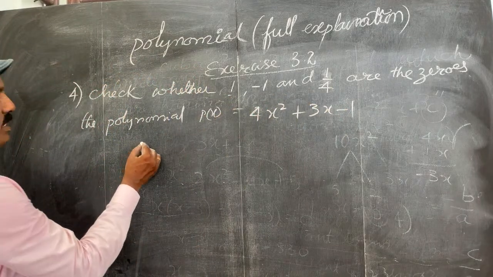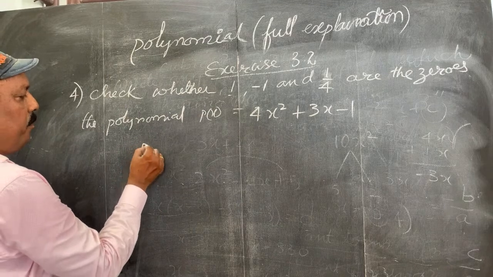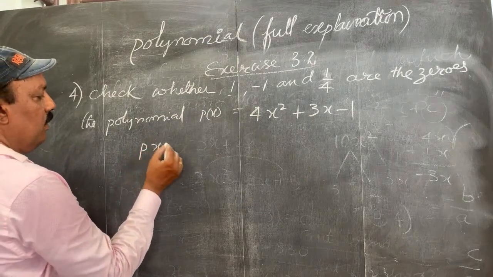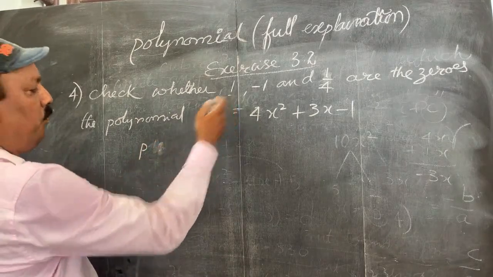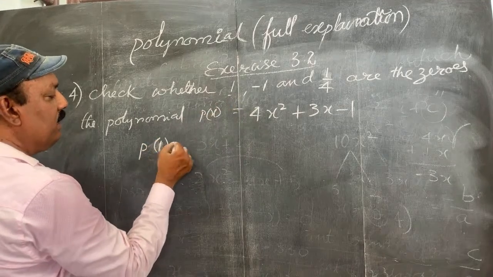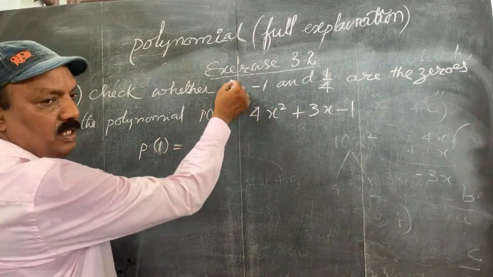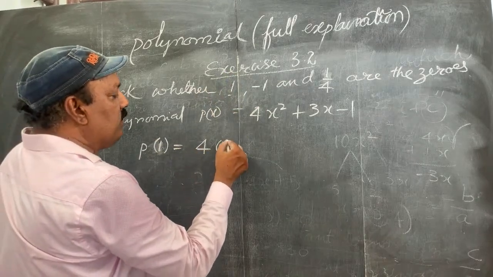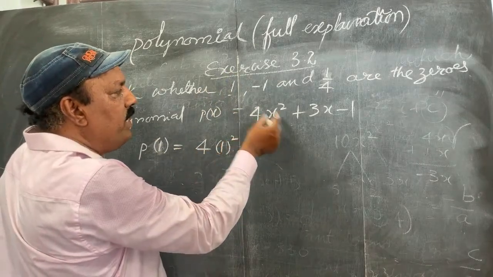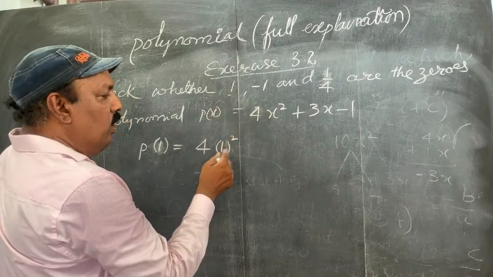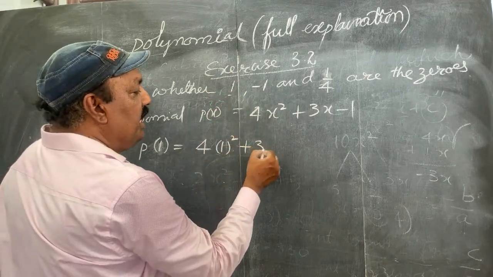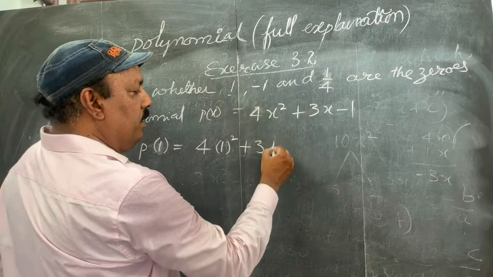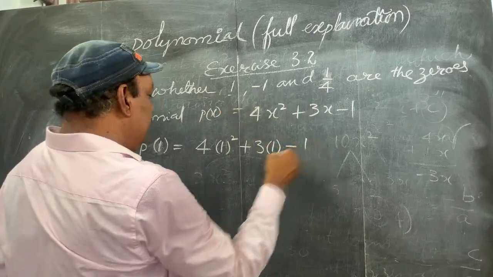How to check? First step is p of x, and first I am taking 1. P of 1 equals: wherever x is there, this value 1 you have to keep here. Now 4 into 1 whole square, that means in the place of x I am keeping 1, whole square, plus 3 in the place of x I am keeping 1, minus 1.